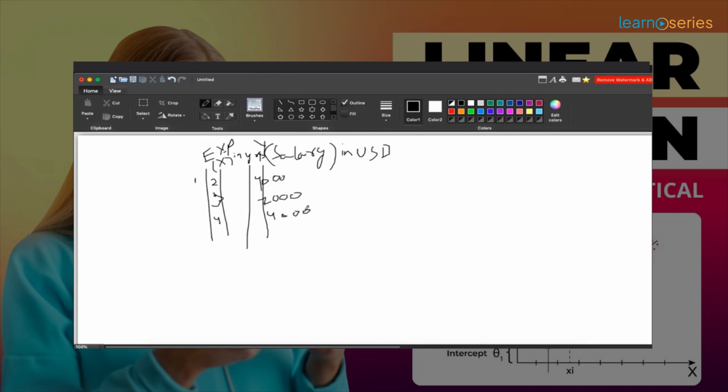Somewhere it's 10 years, and this person is getting, assume, 90,000. Somewhere it's 5 years, and this person is getting around 60,000. These salary figures are in USD, and the other figure is in number of years.